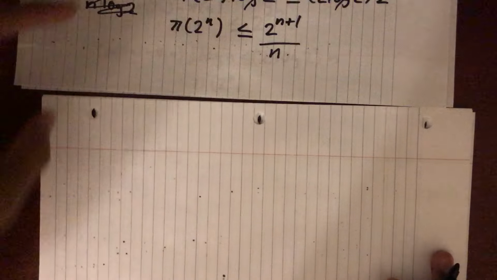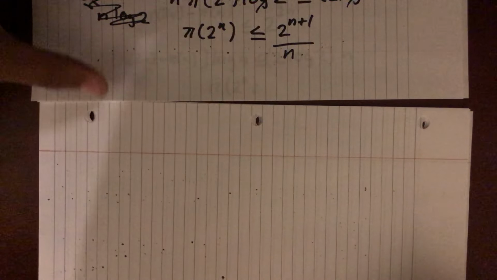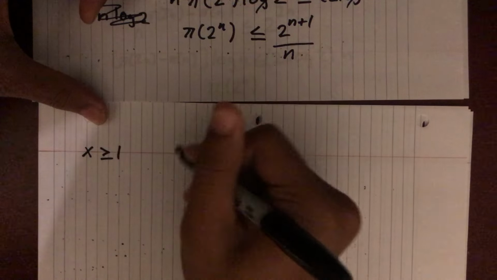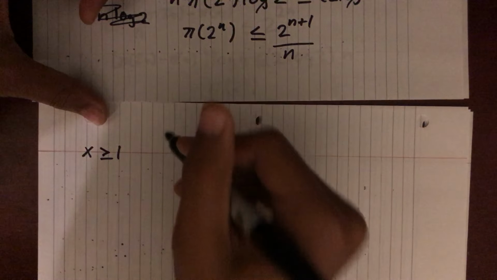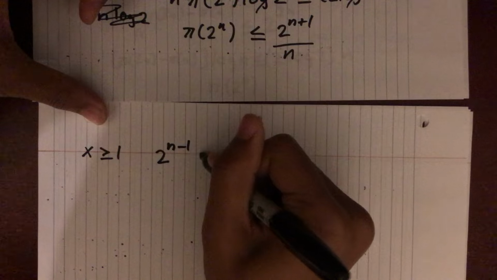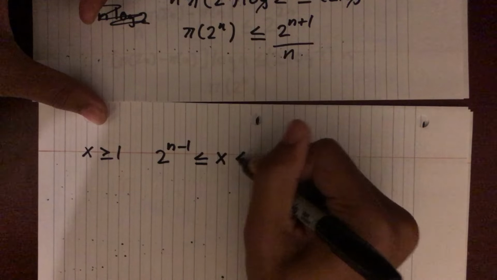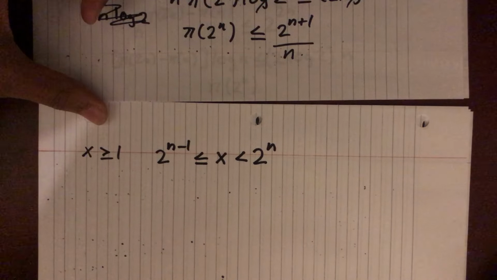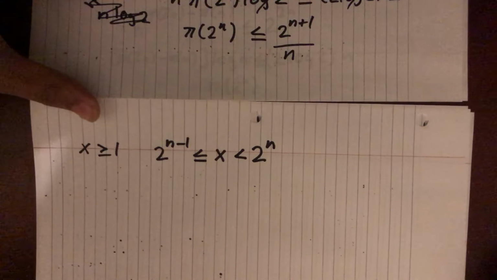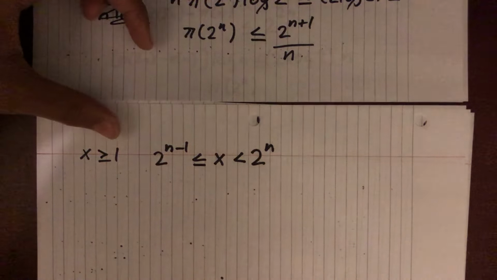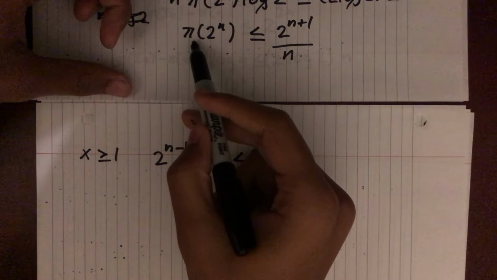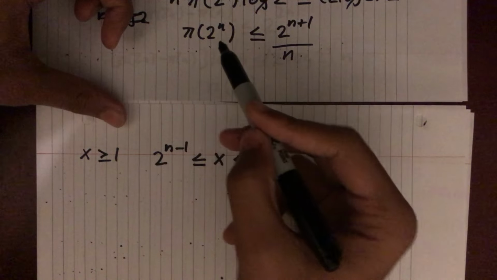Now, if I hand you any x greater than or equal to 1, I can find n so that 2 to the n minus 1 is less than x is less than 2 to the n. Okay, so how can we use that? Well, pi of x is a non-decreasing function, right?